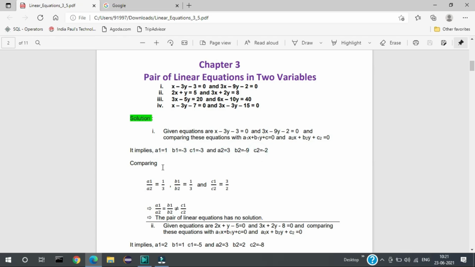Comparing, a1 by a2 equals to 1 by 3, b1 by b2 equals to 1 by 3, c1 by c2 equals to 3 by 2. So a1 by a2 equals to b1 by b2 is not equals to c1 by c2. If the condition is like this, the pair of linear equations has no solution. If it is no solution, we are not going to find the solution for the two linear equations.